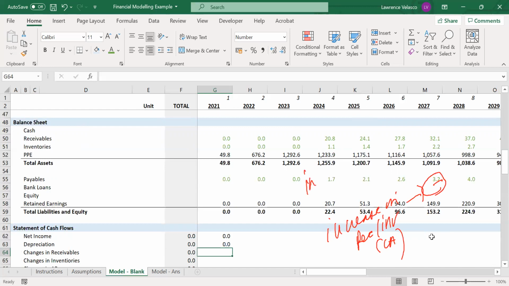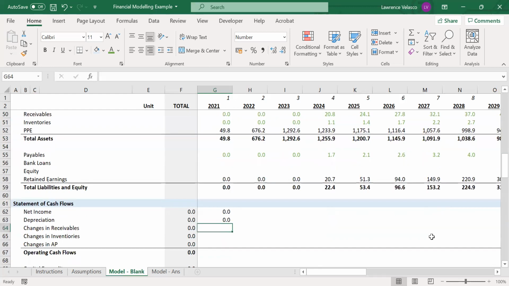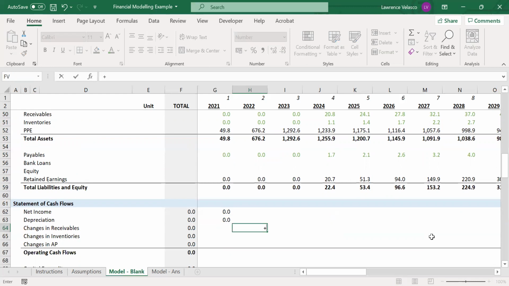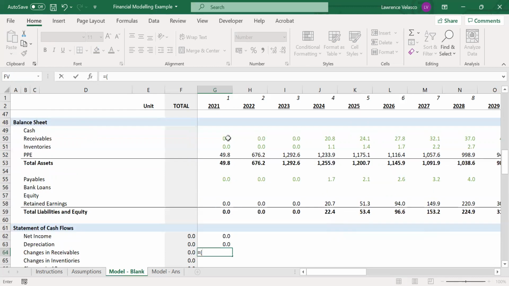If there's an increase of a current liability, ang impact niyan to the statement of cash flows is an addition to net income. No? So therefore here, changes in receivables, how do you compute this? Okay. So, ano ang changes in receivables in 2021? From 0, no, to 0, right?